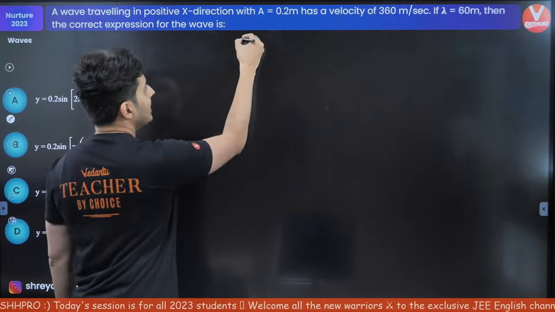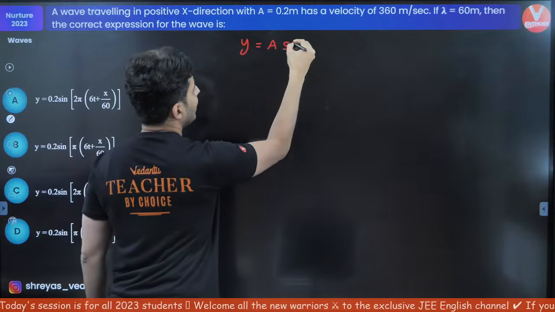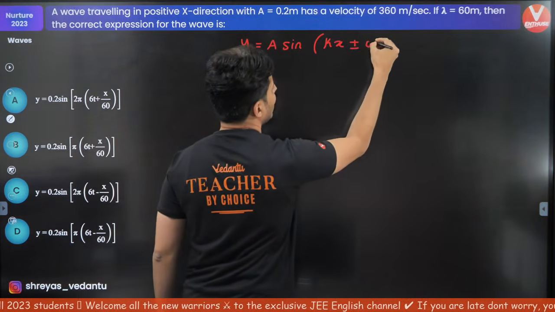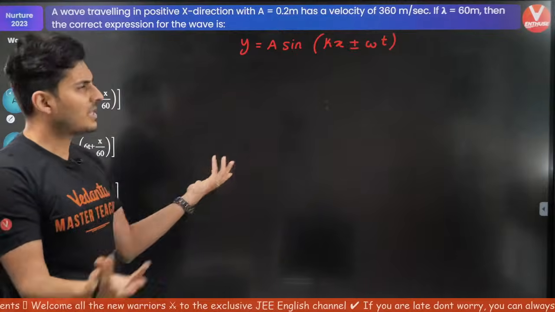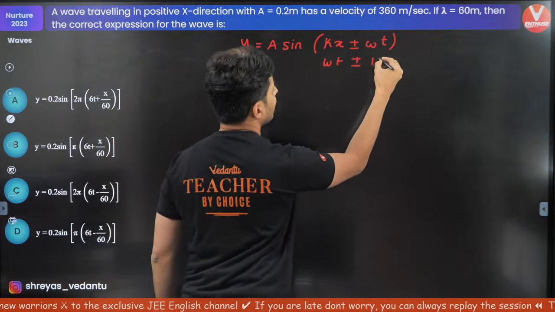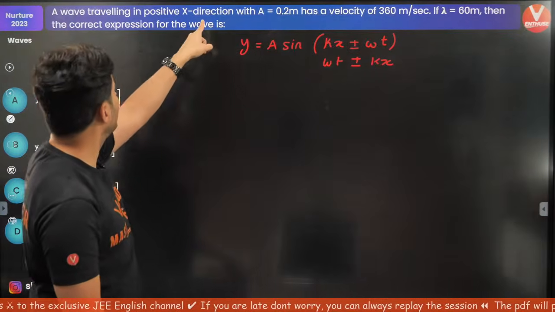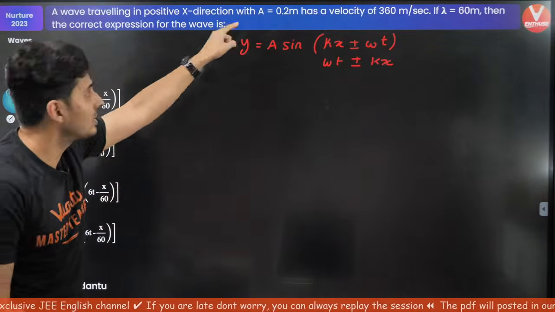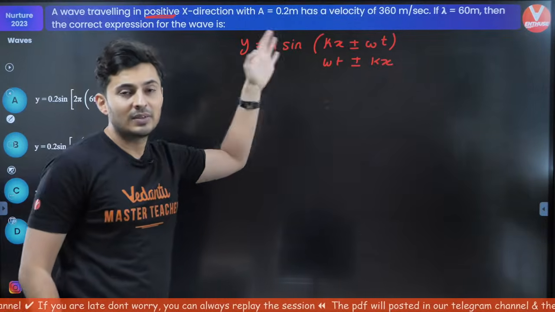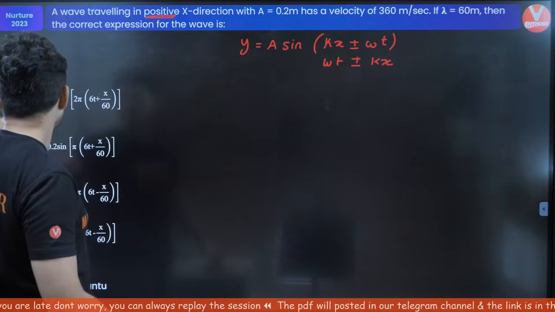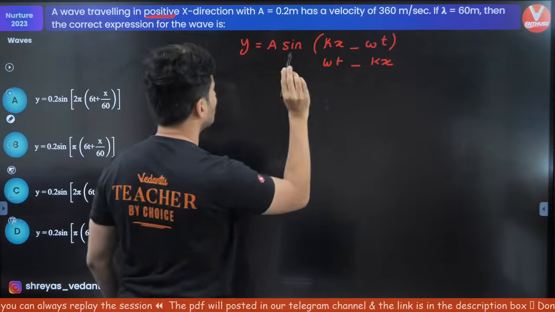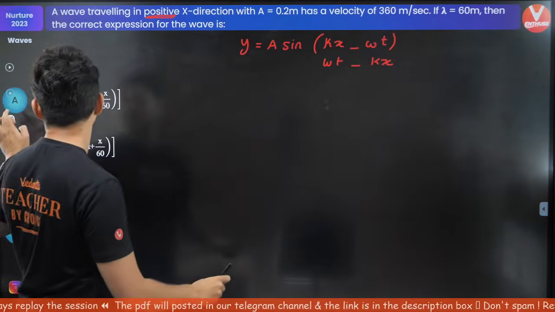Now, we know the generic equation is y = a sin or cos of (kx ± ωt), or (ωt ± kx), one and the same thing. Since it is clearly mentioned it is moving in the positive x direction, this automatically eliminates one sign. If it is positive, it should have a minus sign, so I can get rid of the plus sign. It should be of this form, guaranteed.